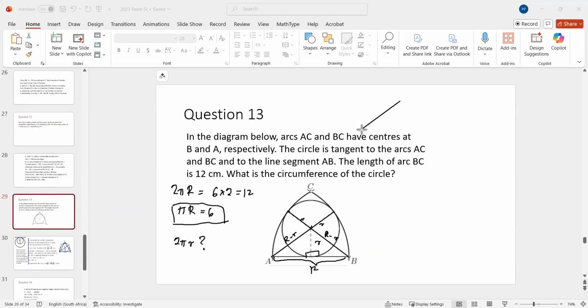Let's do it like that. This one side is capital R minus r. And so here is also R minus r. And you got a perpendicular line.